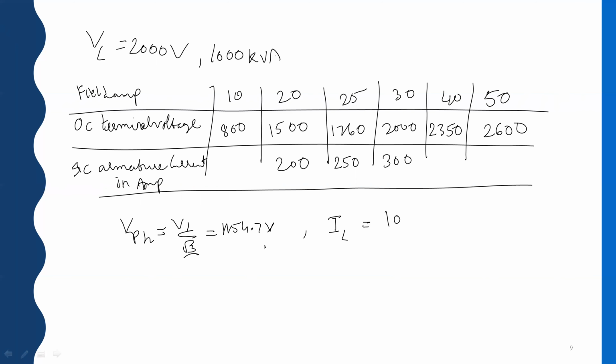These ratings in your lab you will be taking from your nameplate details. So IL equals 1000 into 10 cube by root 3 into 2000. So your IL is 288.671 ampere.